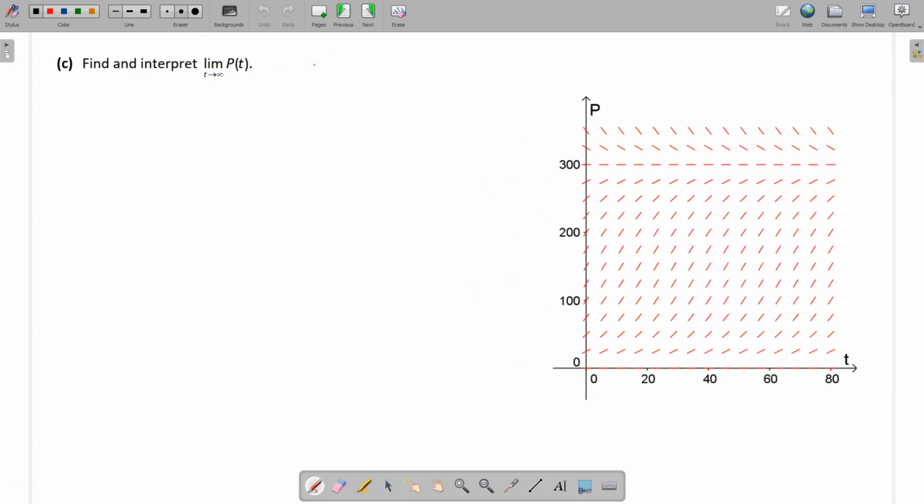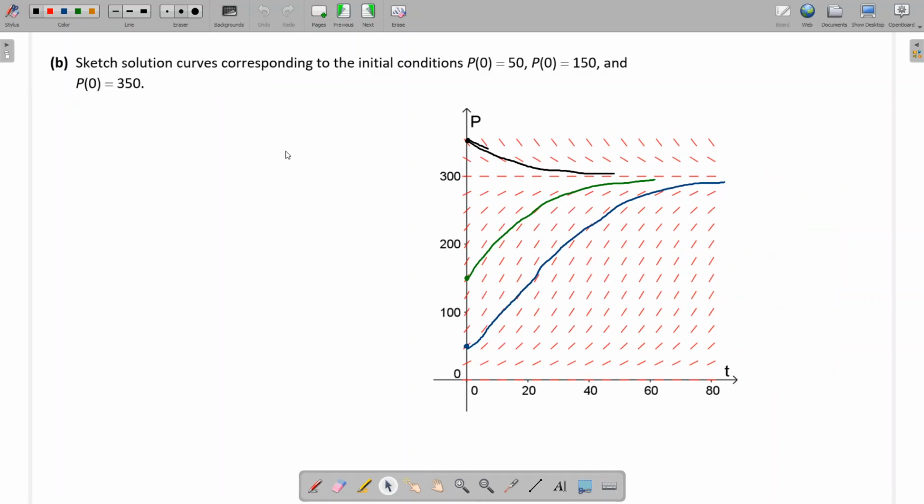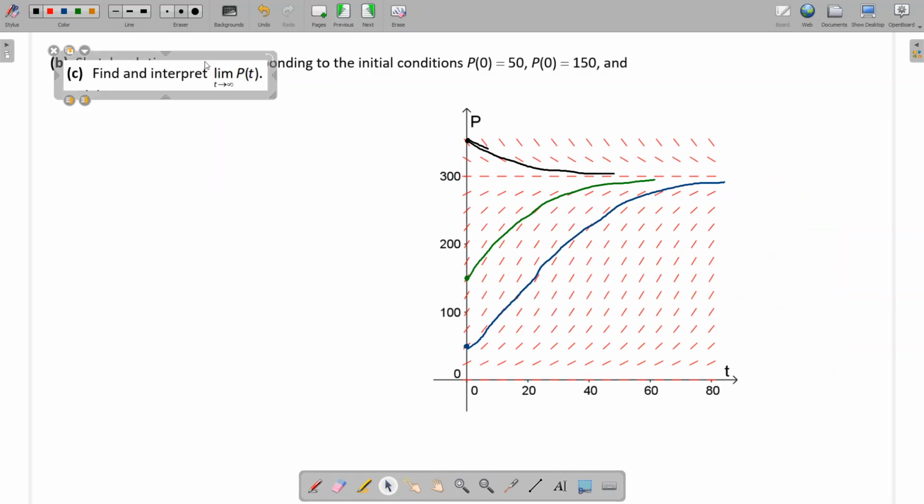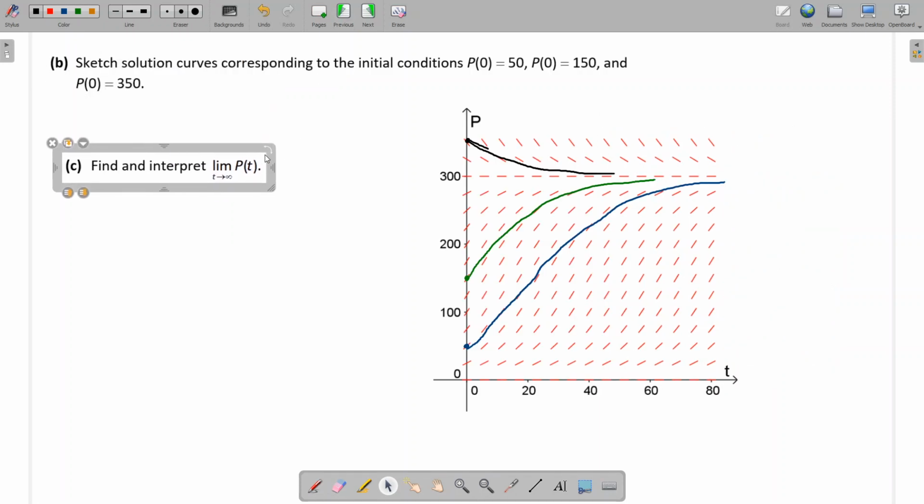So how should we interpret this? Well, this tells us what the limit actually should be. Let's take that back to the other slide. Okay, this says find and interpret that limit. The limit is pretty obvious. No matter which path you take, as t goes to infinity, we seem to be going to this 300 no matter what.